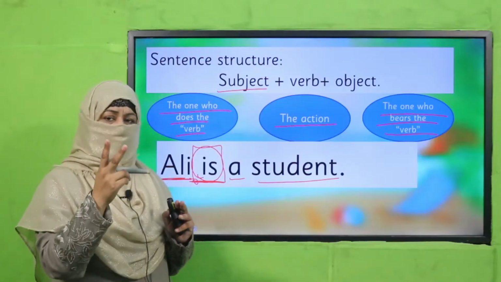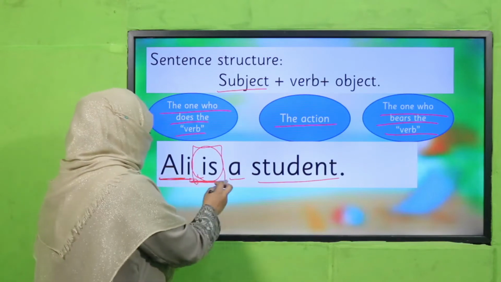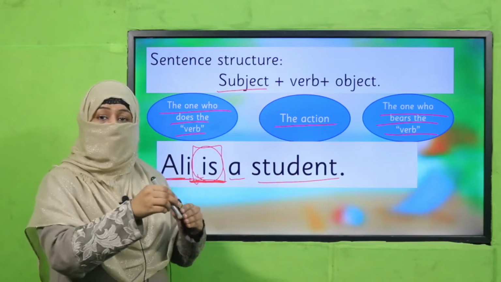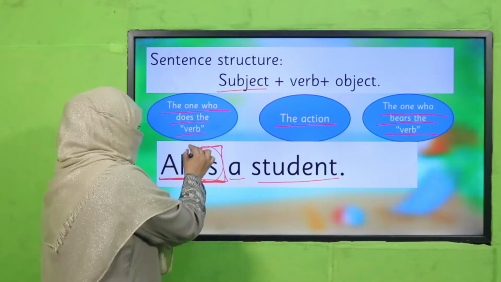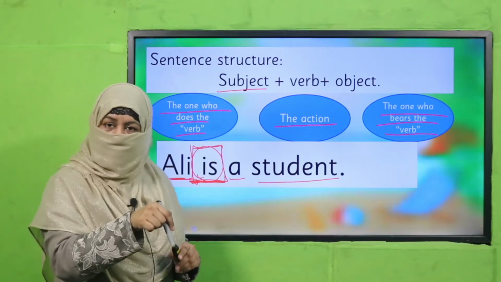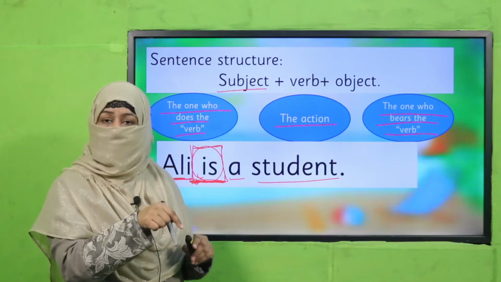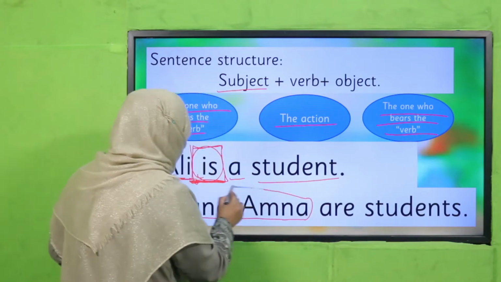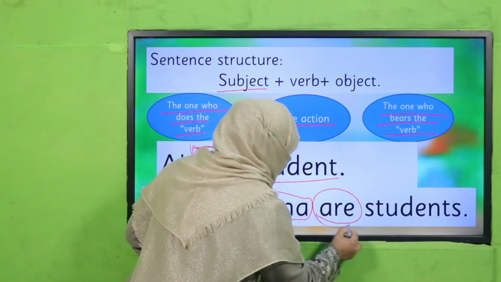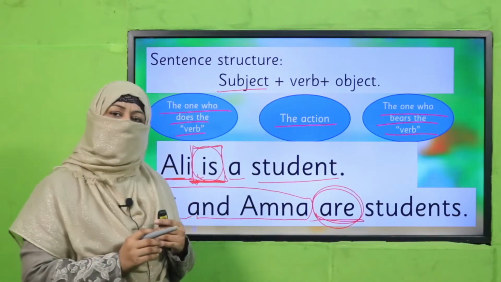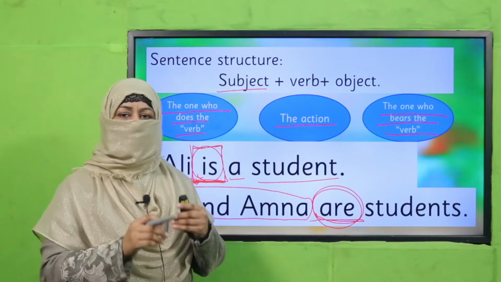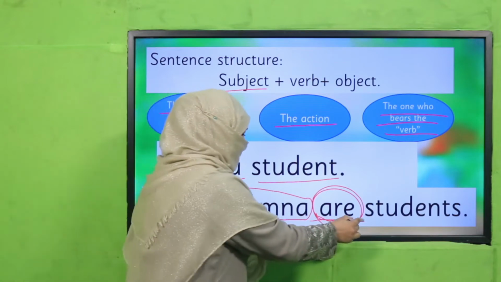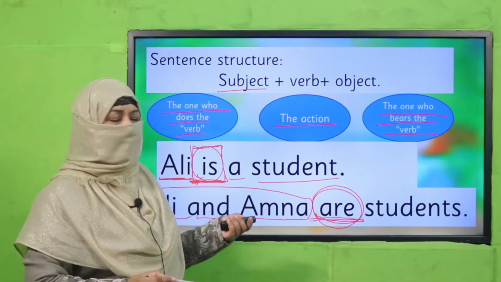So the verb does two things. One, it tells the state. Which tense is this? We are talking in present. This verb is telling us is, it means at this time. Ali is a student. Ali and Amina are students. So by finding the main verb, we find its tense as well as the state of the subject, right?